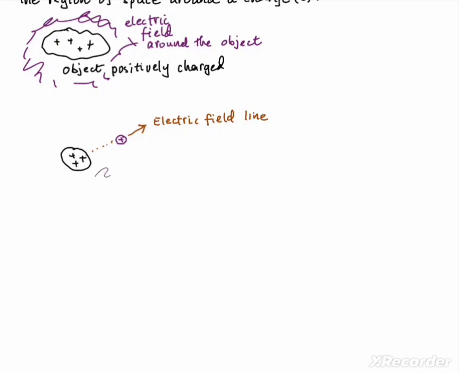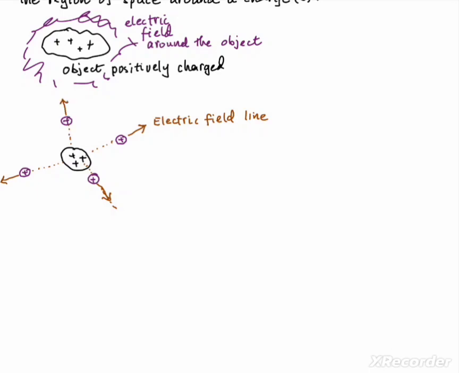Let's bring another positive charge somewhere here. Again they repel, so at the positive test charge, our line is away from the charge. We can do this anywhere we want. This is the line. And you might see a pattern here now. Away from the object.